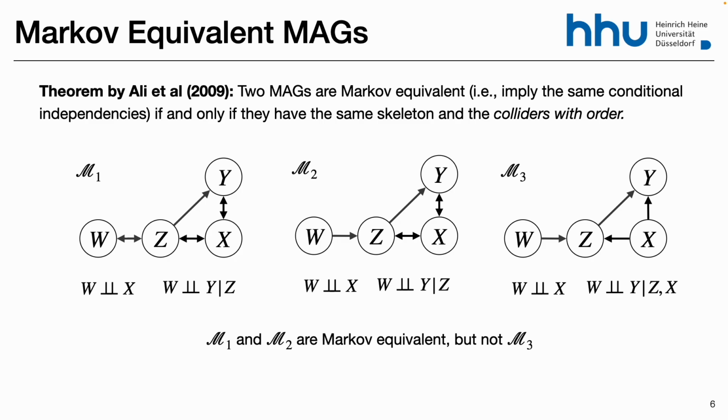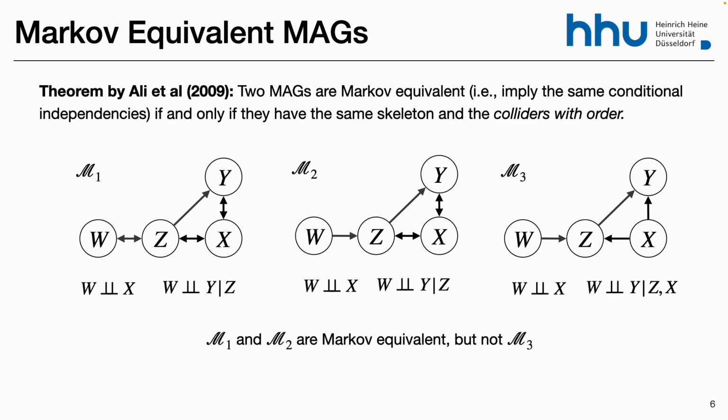No. So you have the same set of colliders with order, same skeleton. Maybe in this example it's harder to find the colliders with order and apply the theorem, but you now have two different ways of detecting if M1 and M2 are part of the same equivalence class. So I know, just by applying the theorem, that all the conditional independencies implied by these two are the same, and that's why they are part of the same equivalence class.